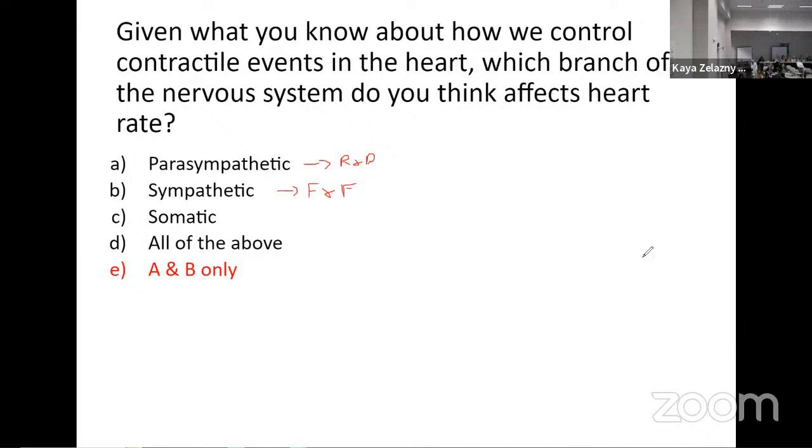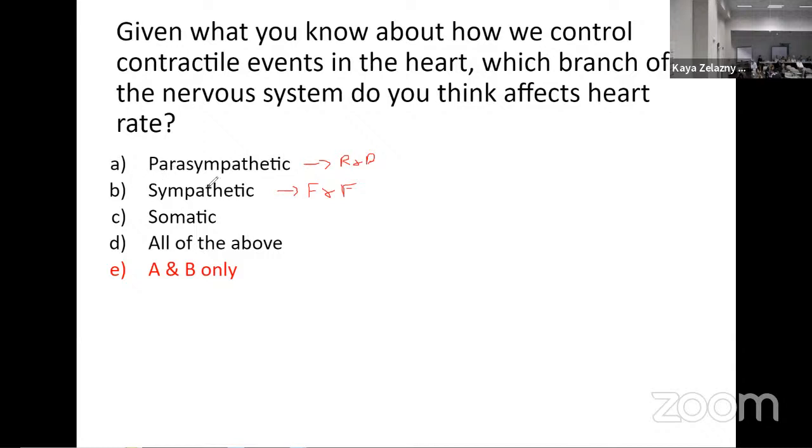They're happening automatically. And they are going to control how fast our heart beats. That fight or flight, sympathetic part, it's going to speed the heart up. That rest and digest, parasympathetic part, it's going to slow our heart down, right?